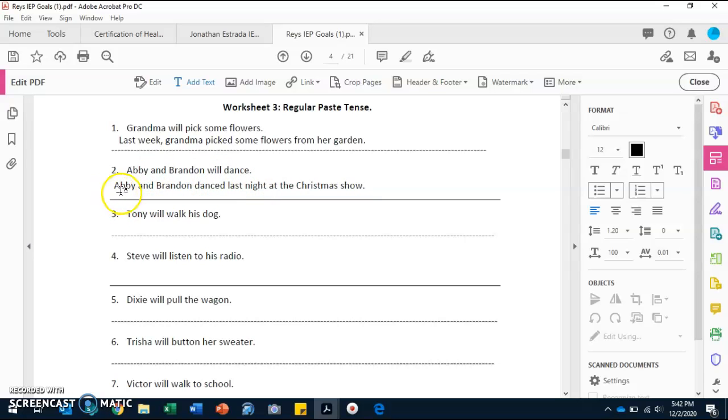We changed it to Abby and Brandon danced last night at the Christmas show. We added the D here at danced, and we inserted last night just to emphasize when it was, and made the sentence a complete sentence.